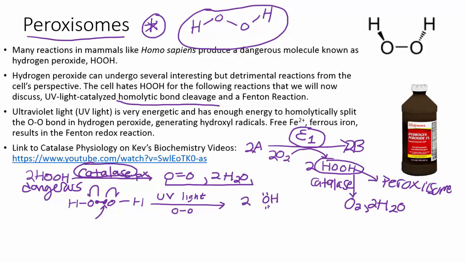I'll draw the two lone pairs on the oxygen, and then there's this lone electron right here. This molecule is called a hydroxyl radical. These molecules are incredibly dangerous to the cell. They can react with DNA, proteins, membrane lipids, and all sorts of things that you don't want to happen.